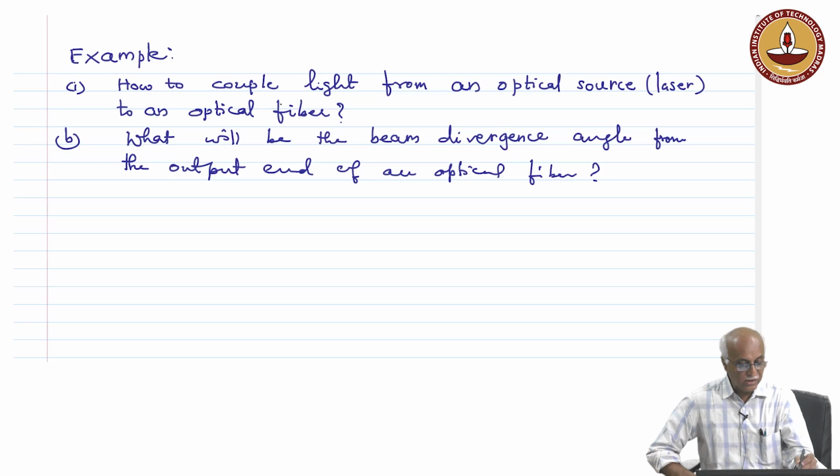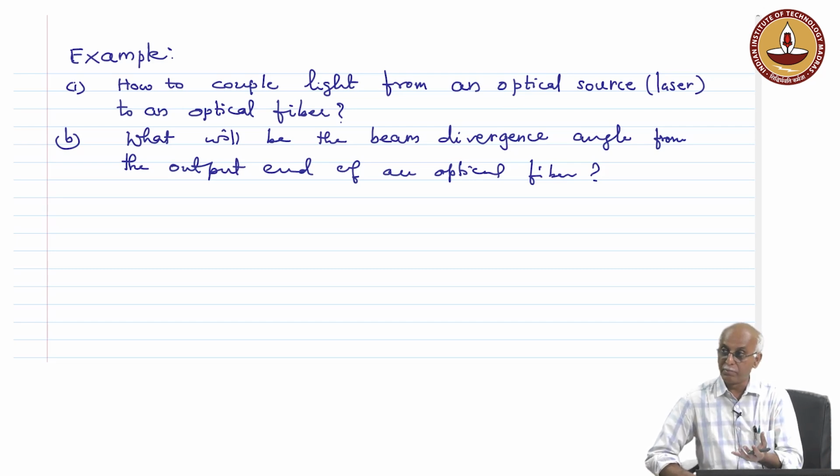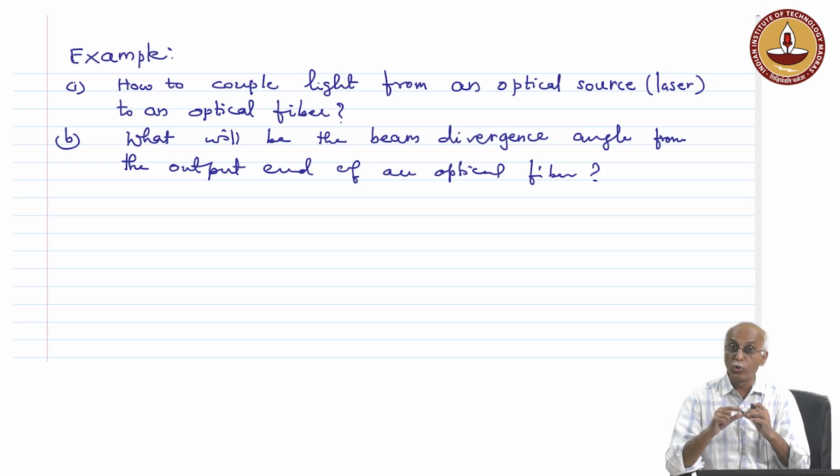Now our question is, how will we couple the light from the optical source to the fiber? As the fiber core diameter is very small, we should be able to focus the light within that region, isn't it?